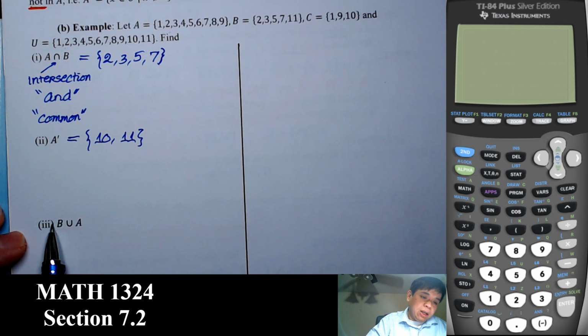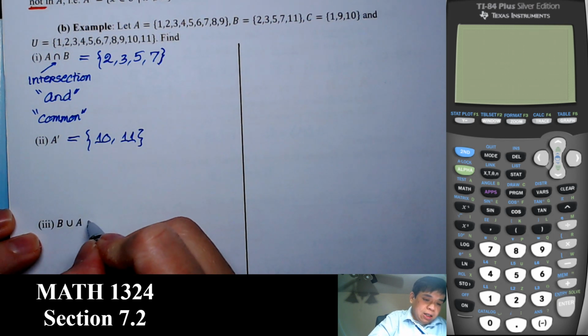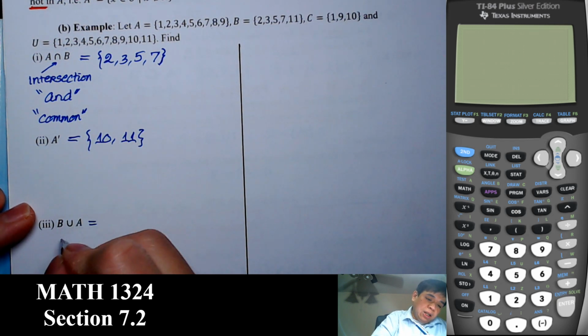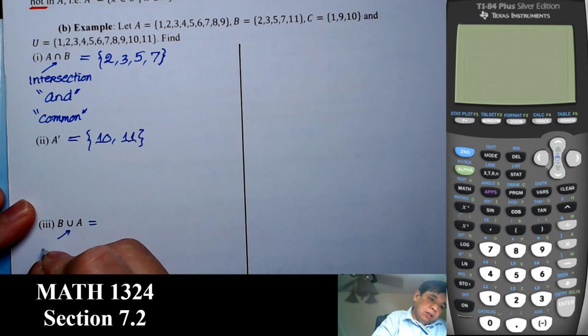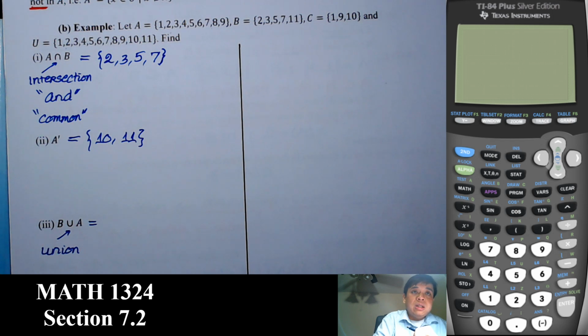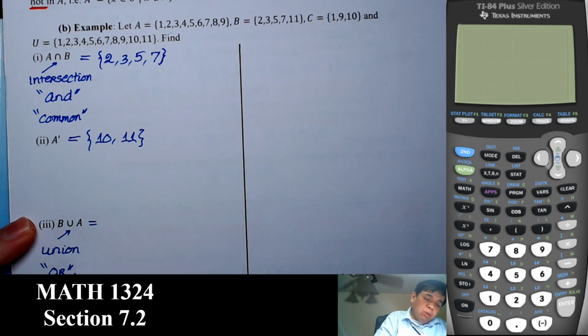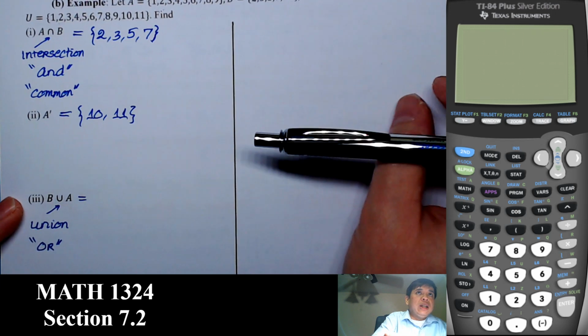Now, this is the union. Union means it could be in A or in B, or could be both, so including both.